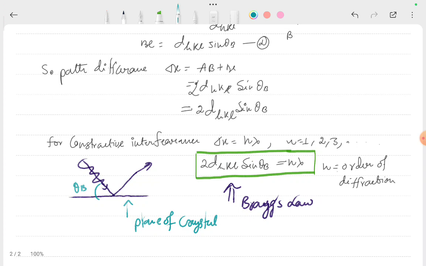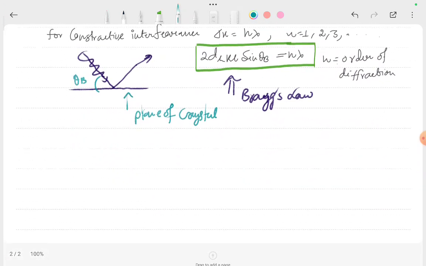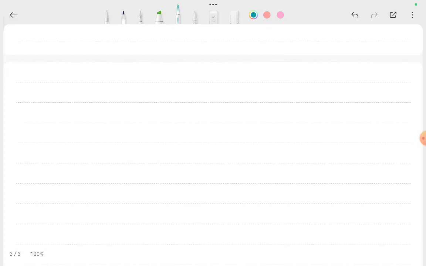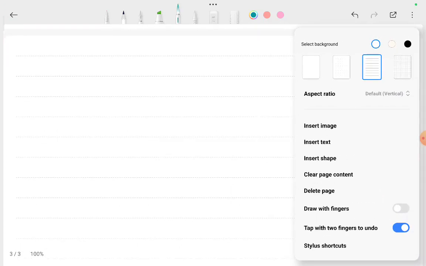Now we take Bragg's law in terms of angle of incidence. Okay, this is a very important point for your competitive exam purpose. Be careful about it.